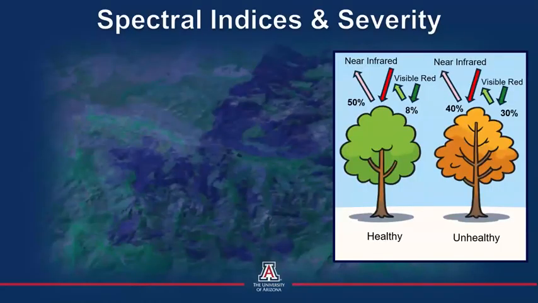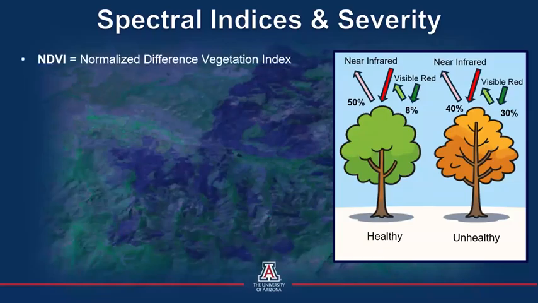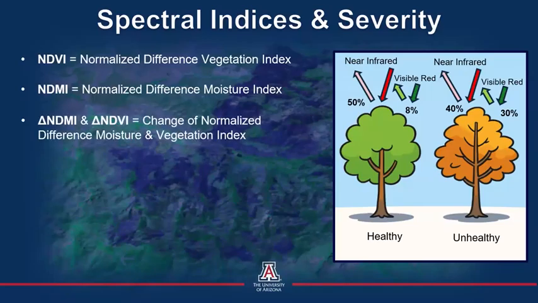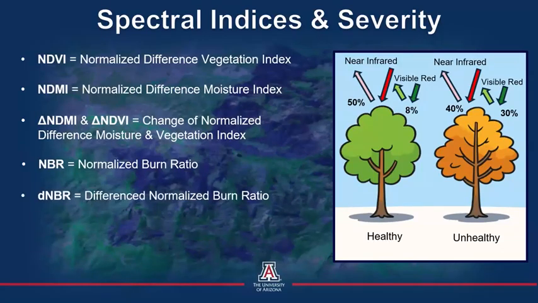In this phase of the study, I calculated several spectral indices to measure how vegetation and fuels changed before and after the fire. NDVI and NDMI were computed for both pre-fire and post-fire imagery. And the differences, delta NDVI and delta NDMI, capture shifts in vegetation vigor and canopy moisture. The NBR was generated for both dates, and those values were used to compute the dNBR, which is a direct measure of burn severity.